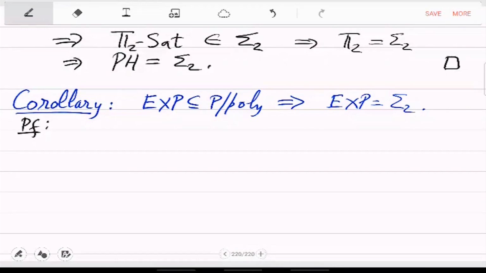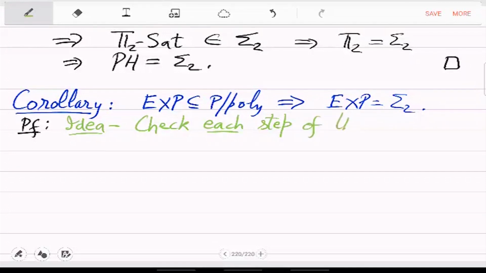This proof is similar to what we did. So, the idea here is to simulate or check every step of the Turing machine, of the exponential time Turing machine.